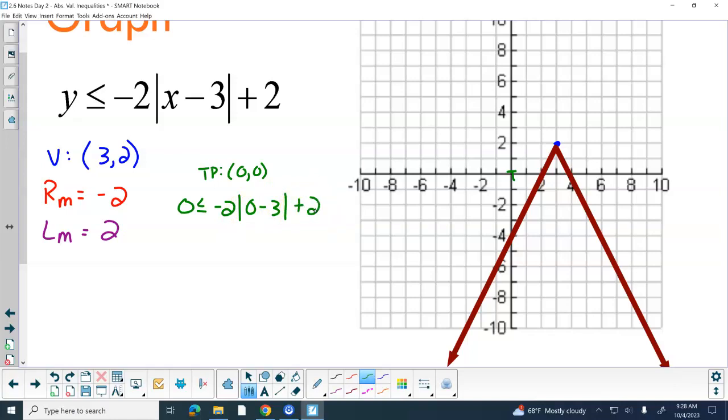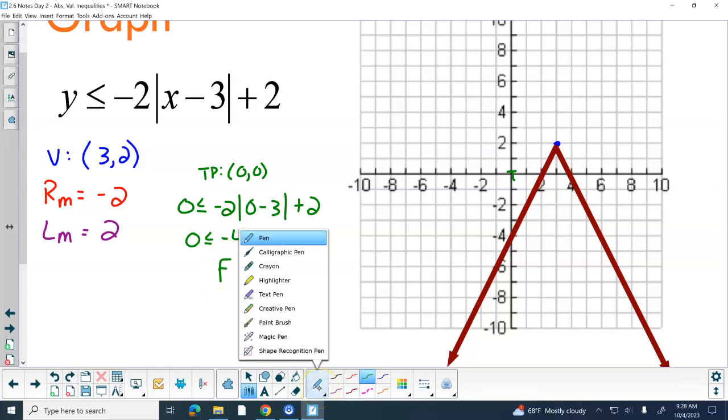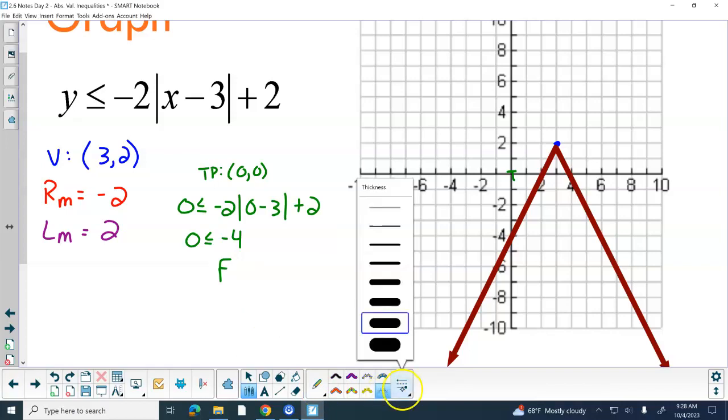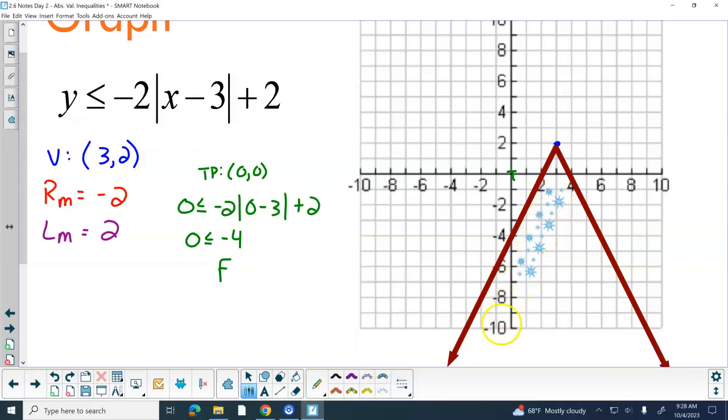Absolute value is 3. Times -2 is -6. Plus 2 is -4. Is that a true or a false statement? That is a false statement, which means that we are shading on the inside.